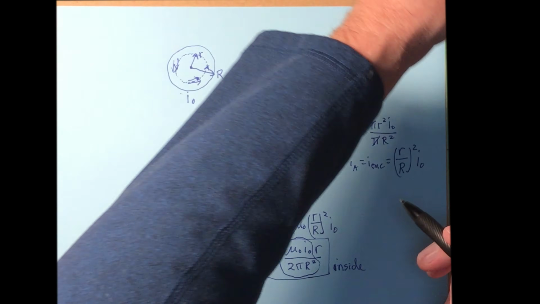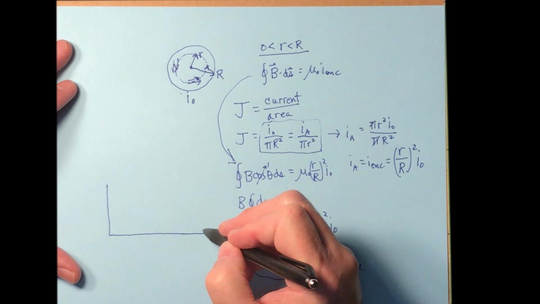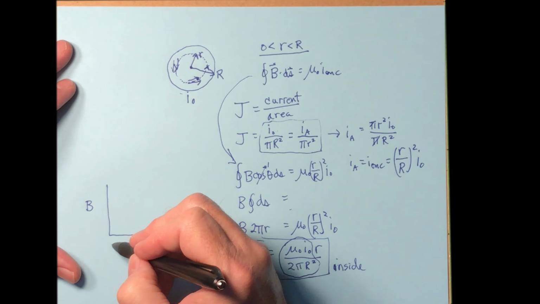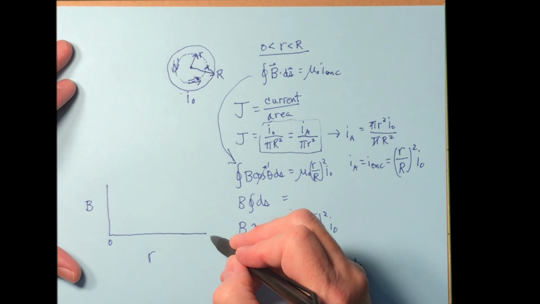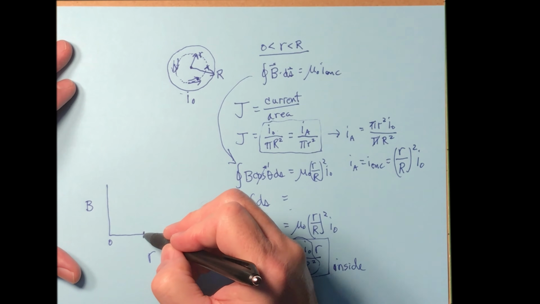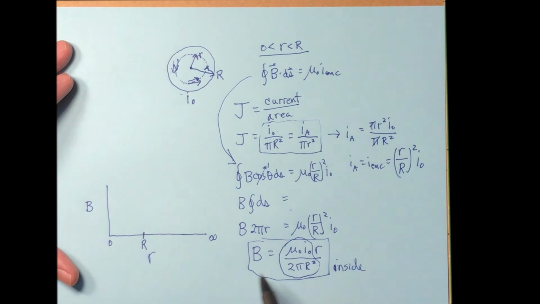So if you were asked then to graph the magnetic field for all radii between 0 to infinity, and this right here represents the edge of the wire, big R, then on the inside of the wire, it's a linear relationship.